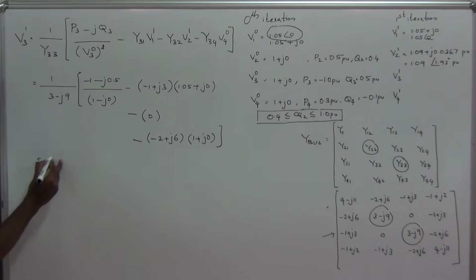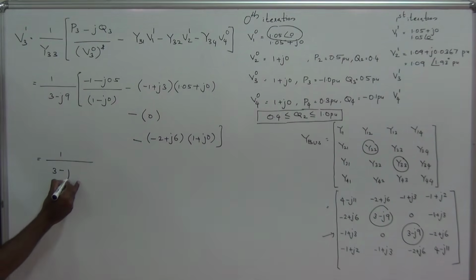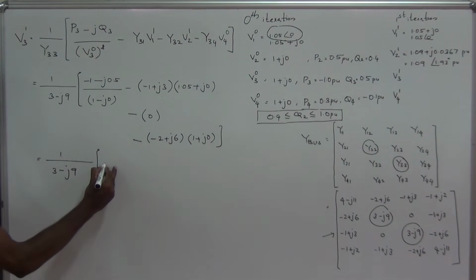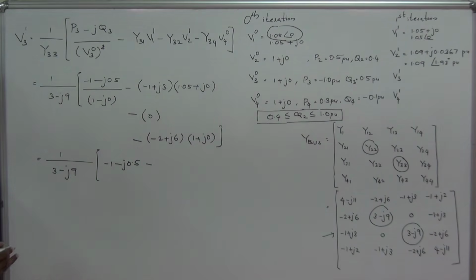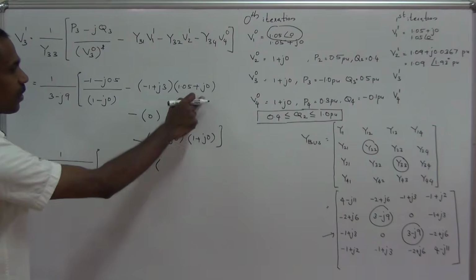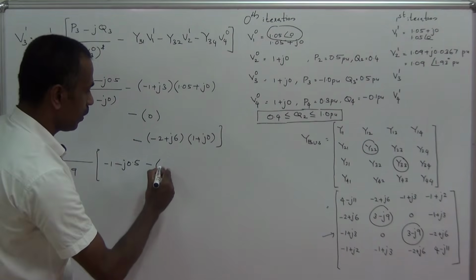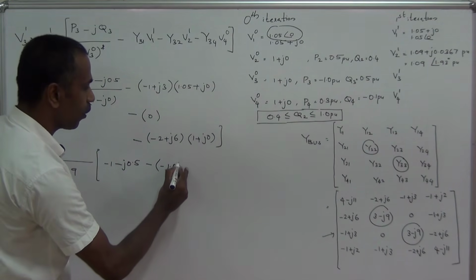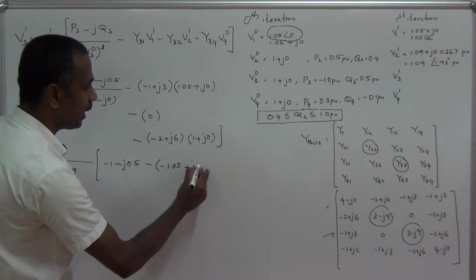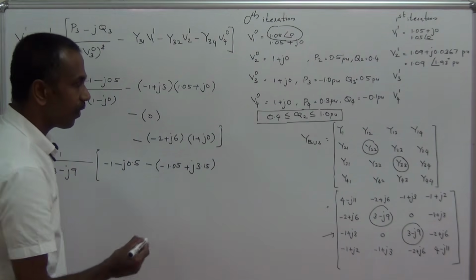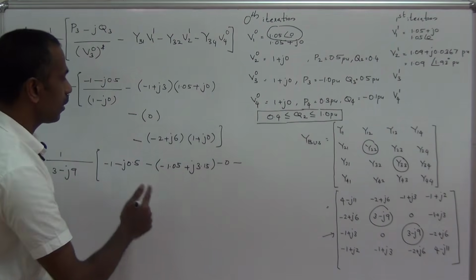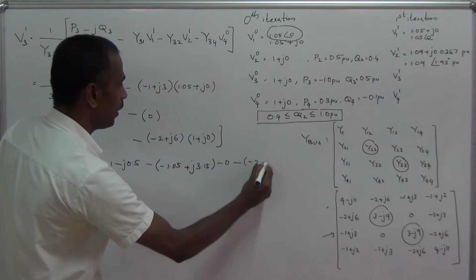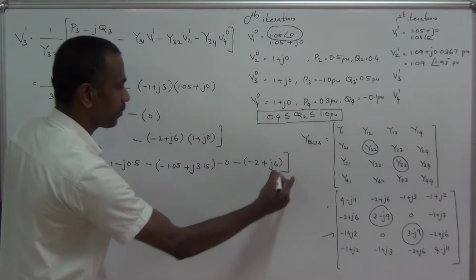So this is equal to 1 by 3 minus j9 into minus 1 minus j0.5, minus the second term, which equals minus 1.05 plus j3.15. This term is 0. The last term is minus 2 plus j6.